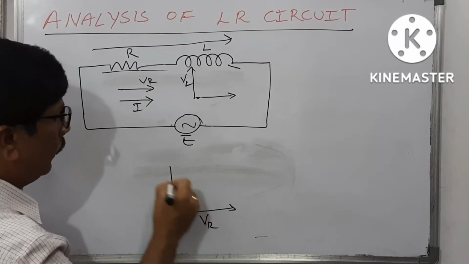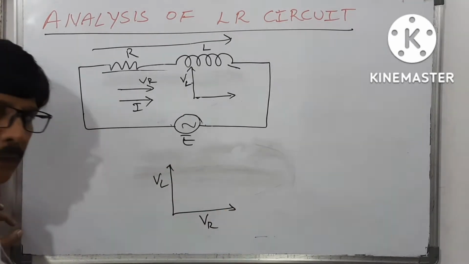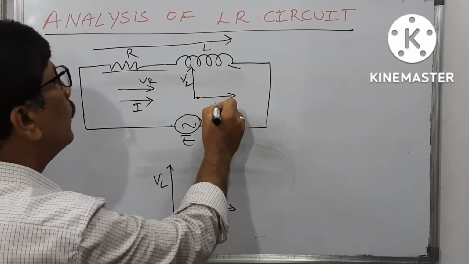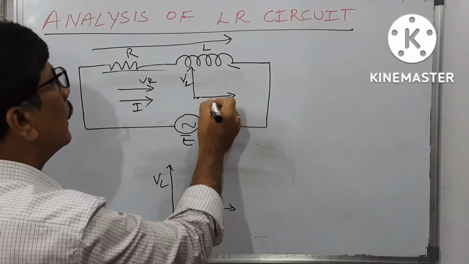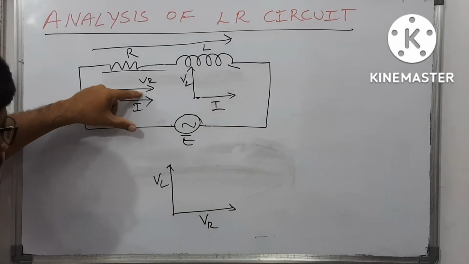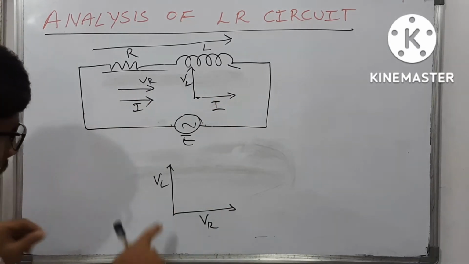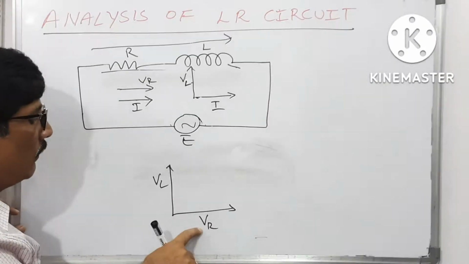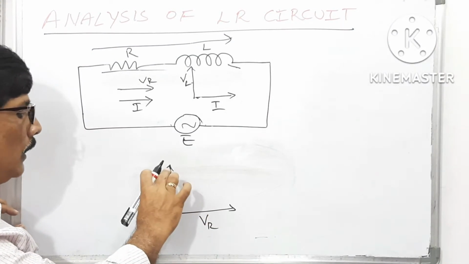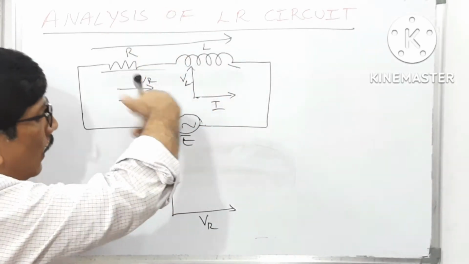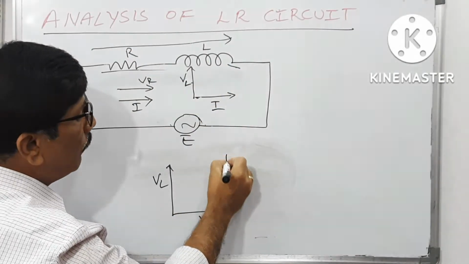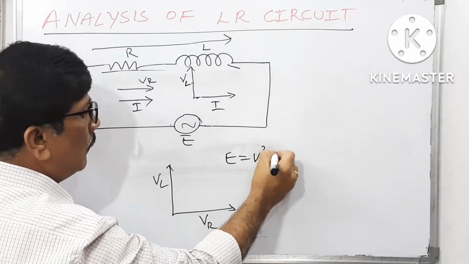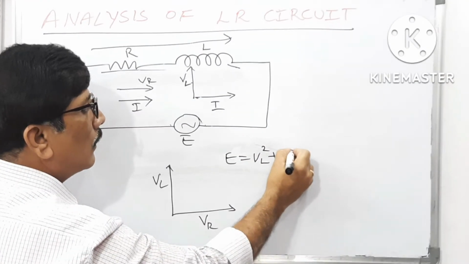VR and VL both are perpendicular to each other, because the VL is perpendicular to the current here, but VR is parallel to the current. That's why you can write VL is perpendicular to VR. When this VL and VR, voltage across the resistor, voltage across the inductor, this combination, the net EMF becomes under root VL square plus VR square.